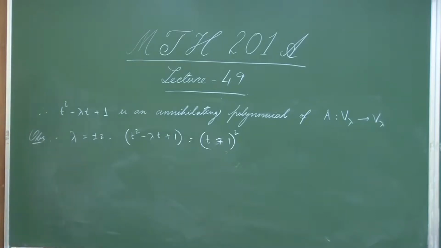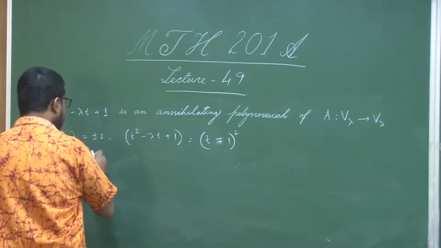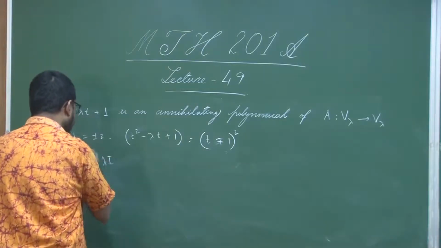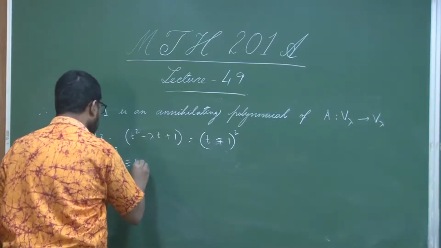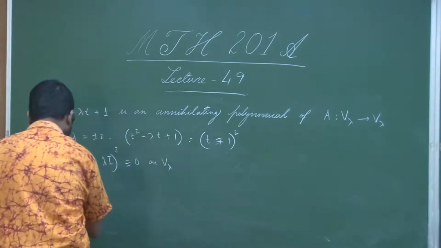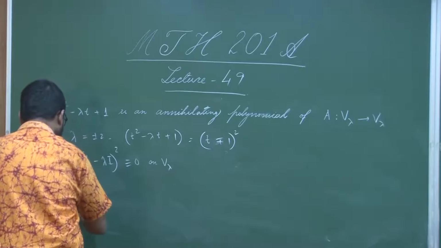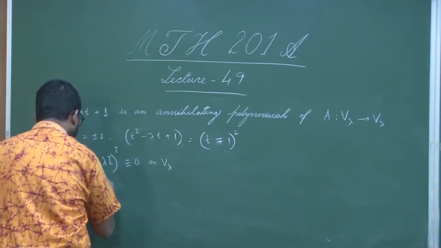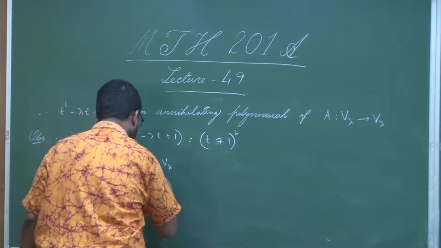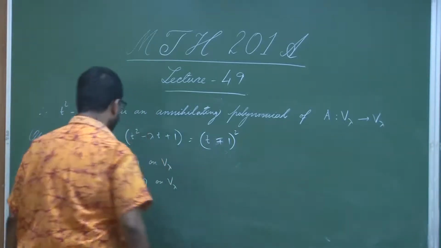If lambda equals plus minus 2, then we have either A minus I is 0 on V lambda, or A plus I squared is 0.